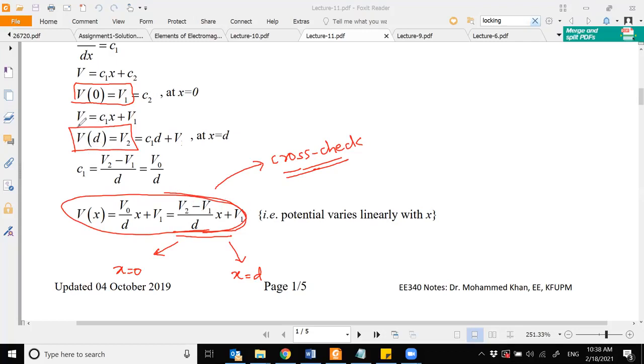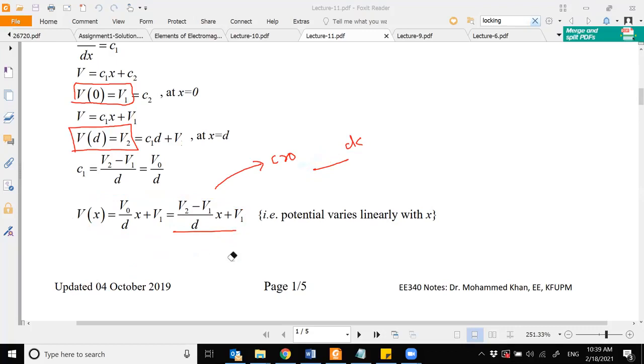So at x is equal to d, my potential is V2, which is correct. This is how you can make sure the expression you got is correct. And by the way, you have used this in your experiment number 1 of capacitors.